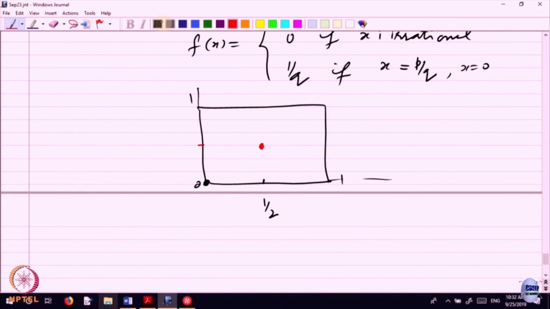At 1 by 3, what is the value? The value is 1 by 3. What is the value at 2 by 3? Again the value is 1 by 3, and this is 1 by 2.